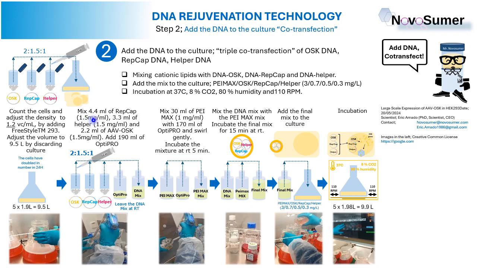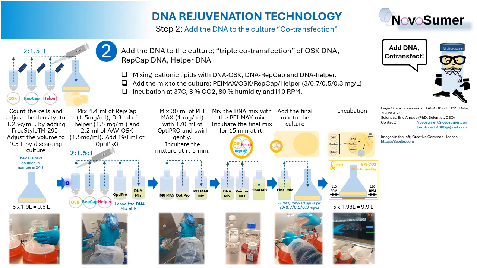We mix 4.4 milliliters of RepCap at 1.5 milligrams per milliliter with 3.3 milliliters of DNA helper, which is 1.5 milligrams per milliliter, and 2.2 milliliters of EVO's DNA, which is 1.5 milligrams per milliliter.